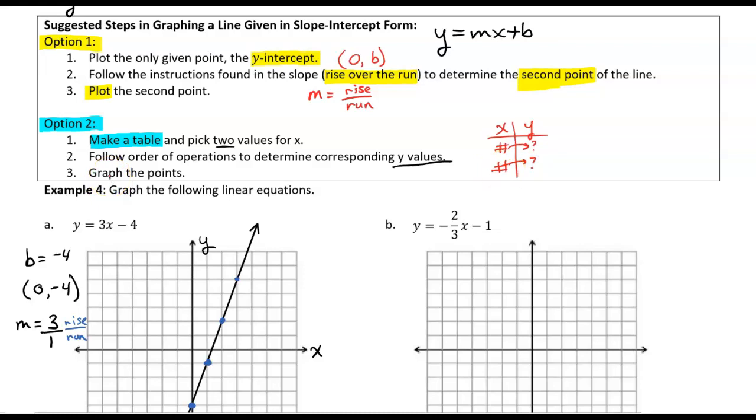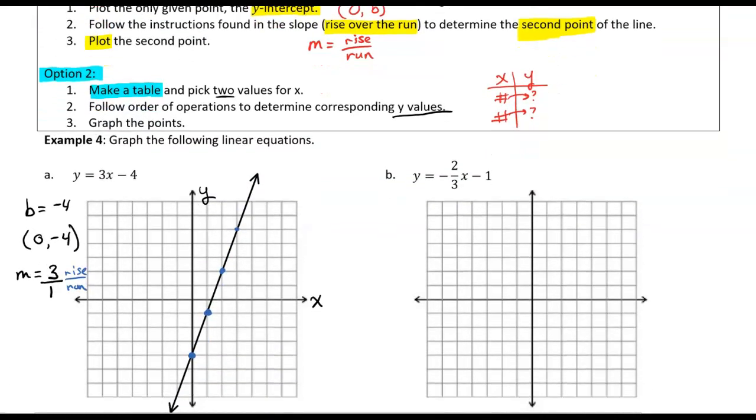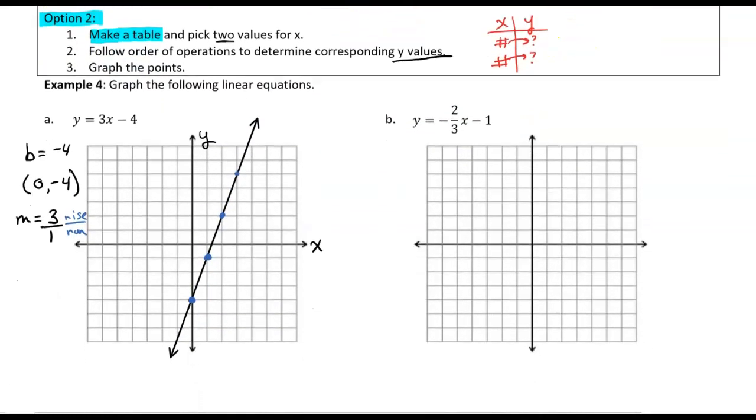Let's try that, in fact, on part B. So making a table of values. Instead of using rise and run, we're just going to pick some x's and figure out the y's that match. On B, we have y is equal to negative 2/3 x minus 1.